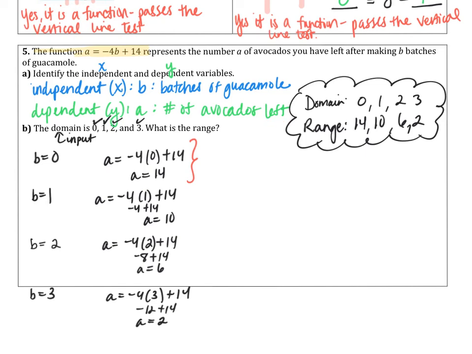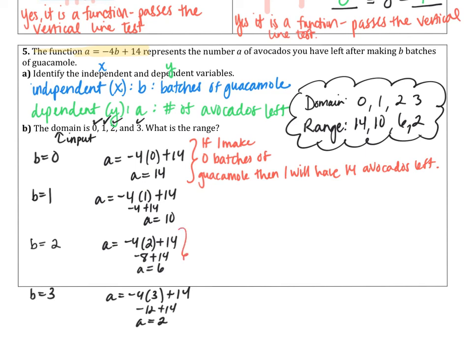Well, then this means if I make 0 batches of guacamole, then I will have 14 avocados left, because I didn't use any, right?